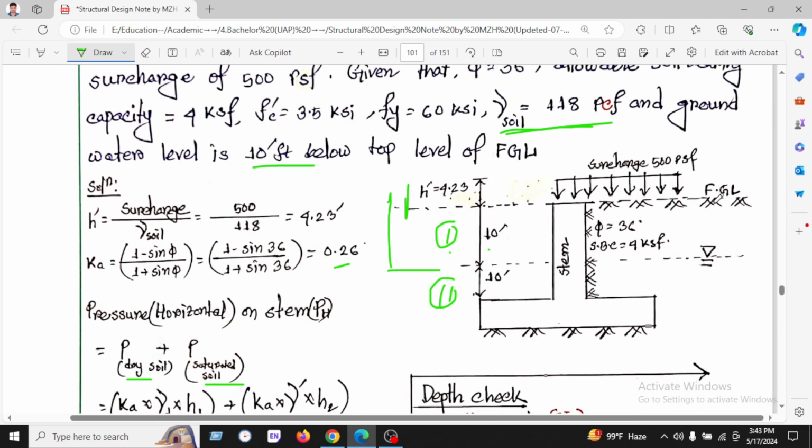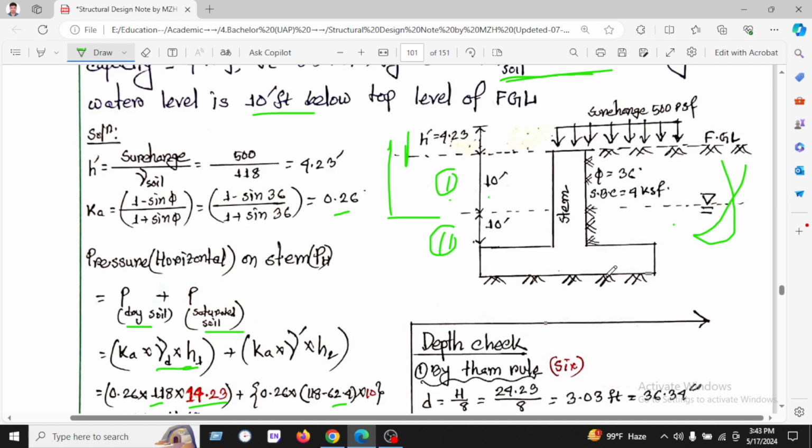We have seen all the portion is filled with soil. Even where there is pore water pressure, 10 feet above the stem wall, it is not purely water. It is all soil, either dry soil or saturated soil.